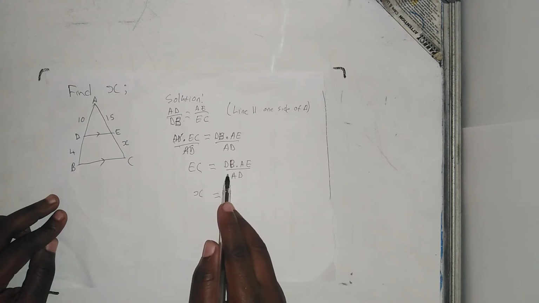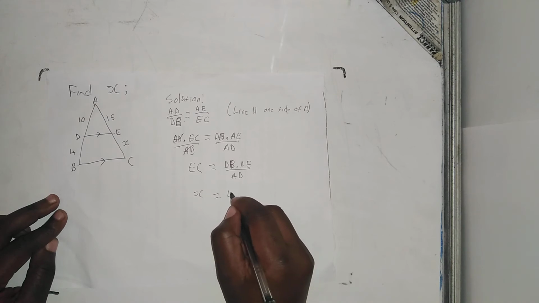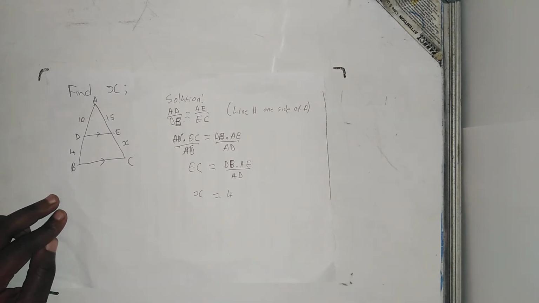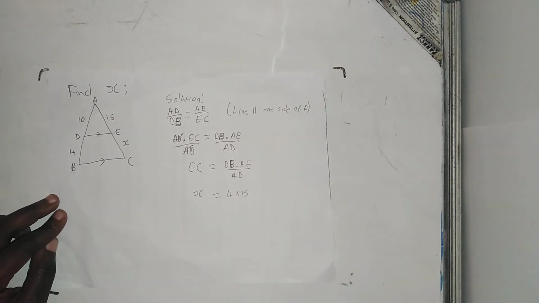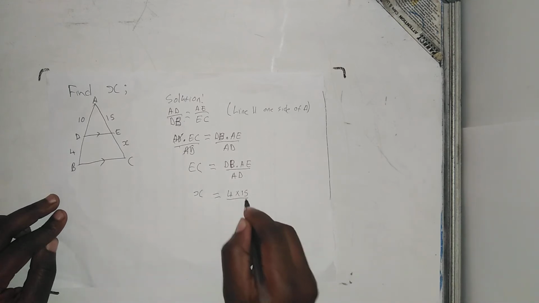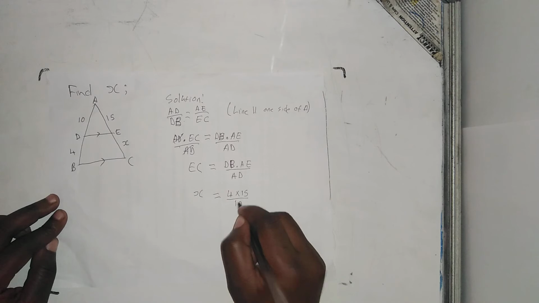And then what about DB? DB is 4. And then what about AE? AE is 15, divided by, what about AD? What is AD? AD is 10.